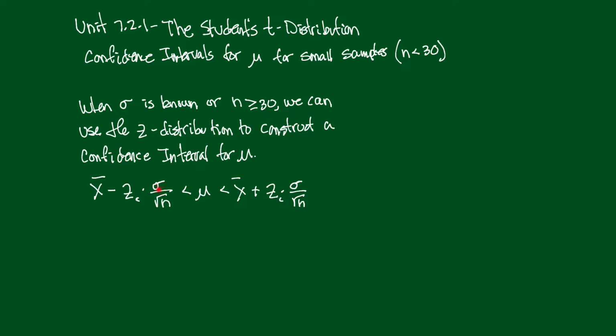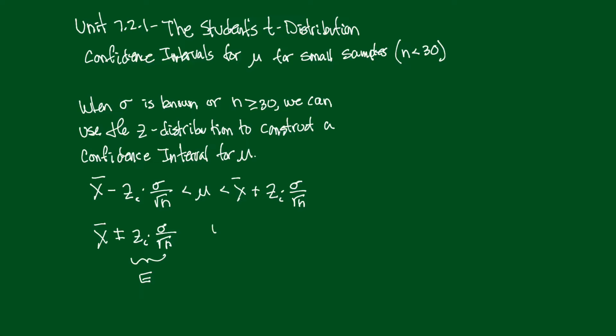Now you have to know sigma in order to do this. And then same thing on the other side, but with a plus. In fact, we might just write it conveniently like this: x bar plus or minus your critical z value times sigma over the square root of n, where this part right here is the maximum error of your estimate.